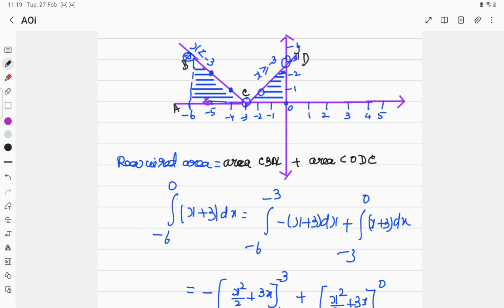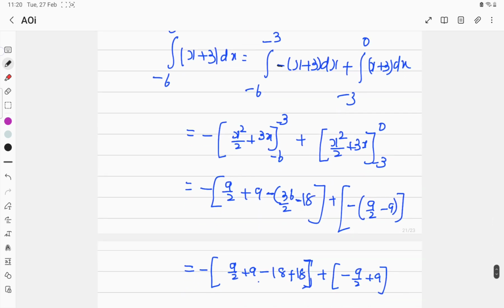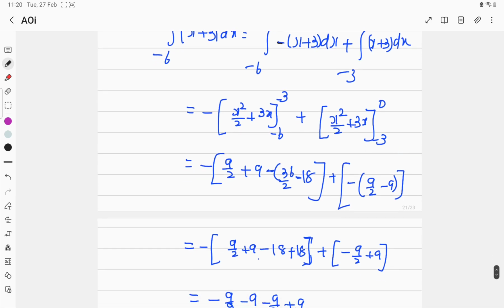So the limit minus 6 to 0 gives minus 6 to minus 3 of minus of x plus 3, and minus 3 to 0 of x plus 3 dx. On solving, we know the integral is x squared by 2 plus 3x, upper limit minus 3 and lower limit minus 6, and in this case x plus 3 gives x squared by 2 plus 3x, upper limit 0 and lower limit minus 3.